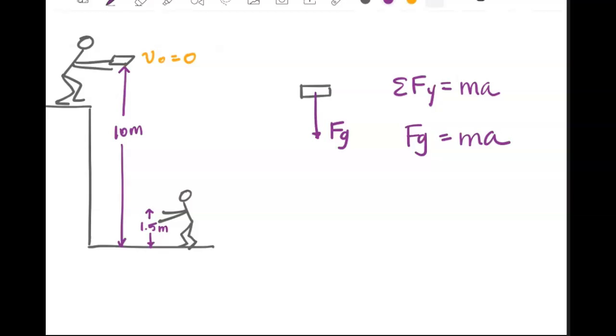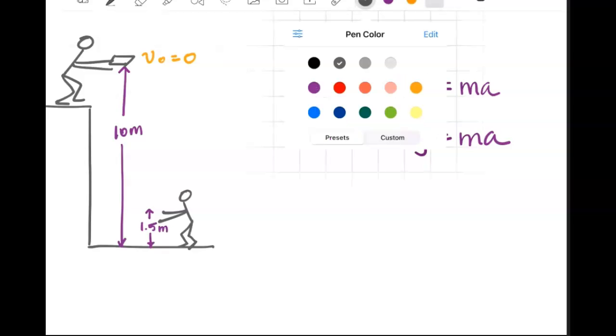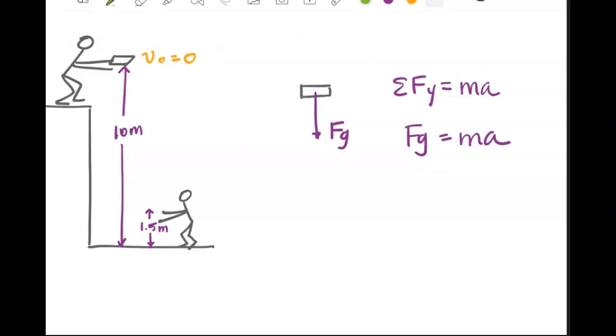Okay. Now it's going to accelerate through this change in position that it goes through. So there's this change in position, and it will be delta y here as it falls down.